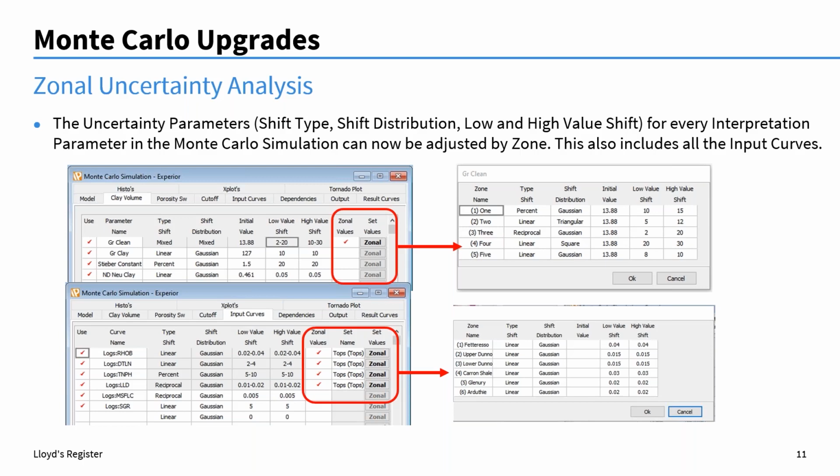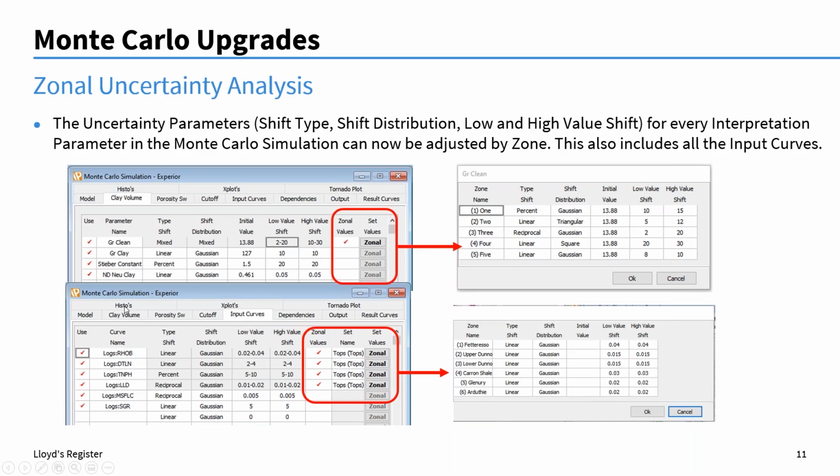So you can have a different RW in different zones. But now you can put different uncertainties per zone on whichever parameters you want to put zonal values on. So you might want to just put different uncertainties on gamma ray, clean and clay, or RW, for example. And also the log inputs.